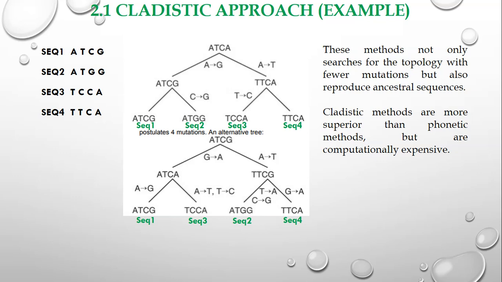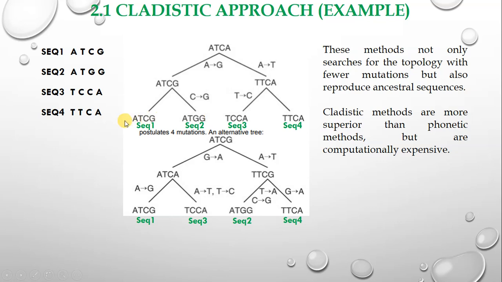You will understand even from these 2 combinations. So how? The program will first construct a tree without knowing any distance. It will keep sequence 1 and sequence 2 on the same node. This is the node, and this is sequence 1, this is sequence 2, and it will keep sequence 3 and sequence 4 on another node, and then the program will calculate the mutations.